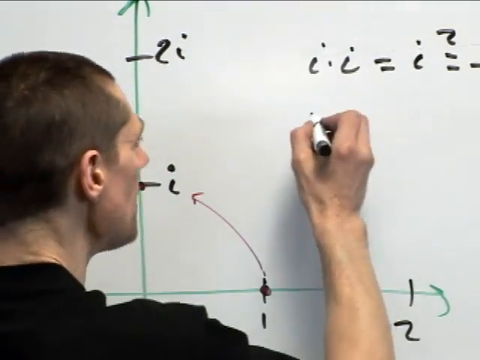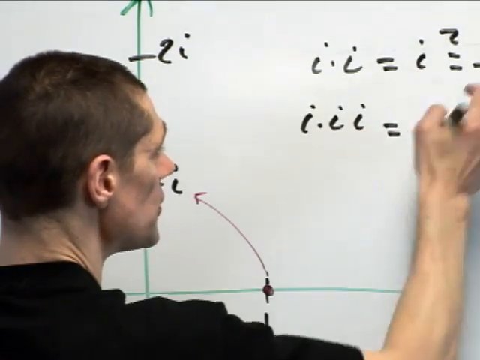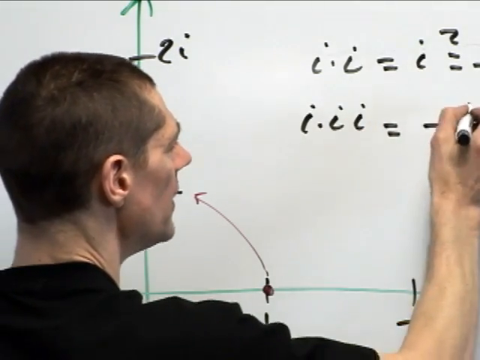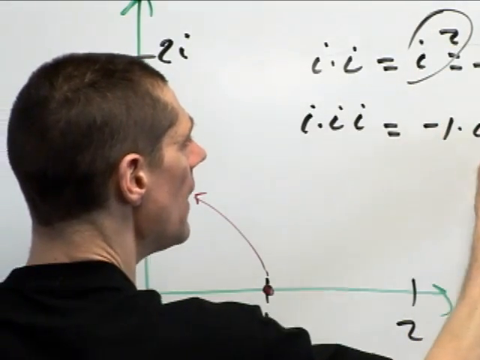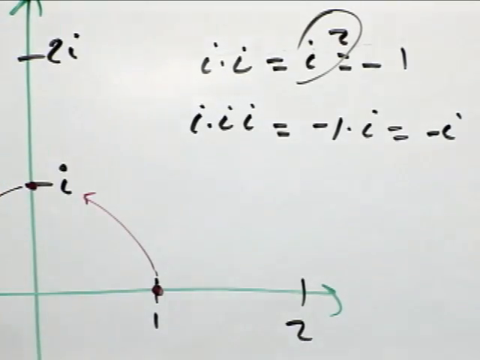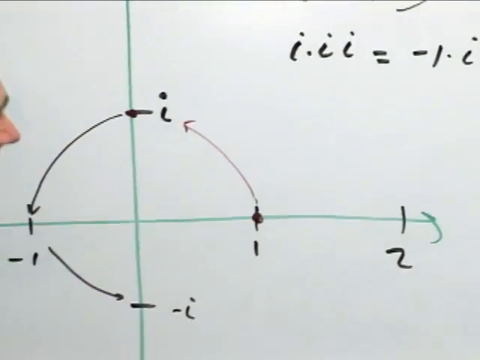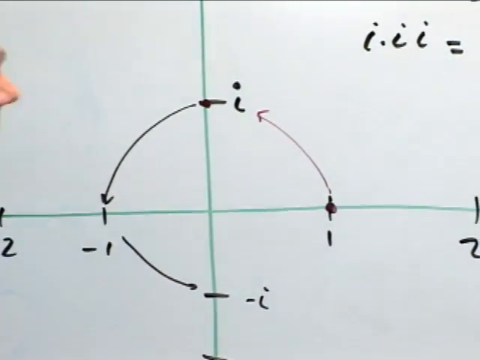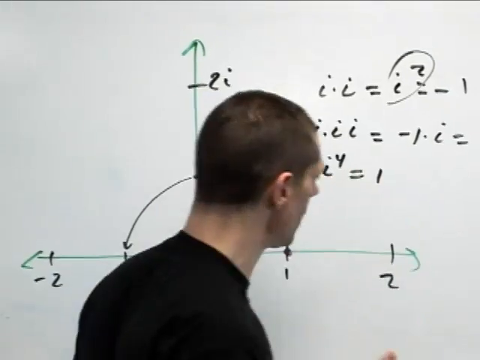So if we multiply again by i, it comes here. If we multiply again by i, negative 1 times i, because i squared is negative 1, this is negative i, which is, of course, i cubed. And here is negative i. What I want you to see, we'll do it one more time. We multiply it by i again. This is i to the 4th. This is 1, we know.